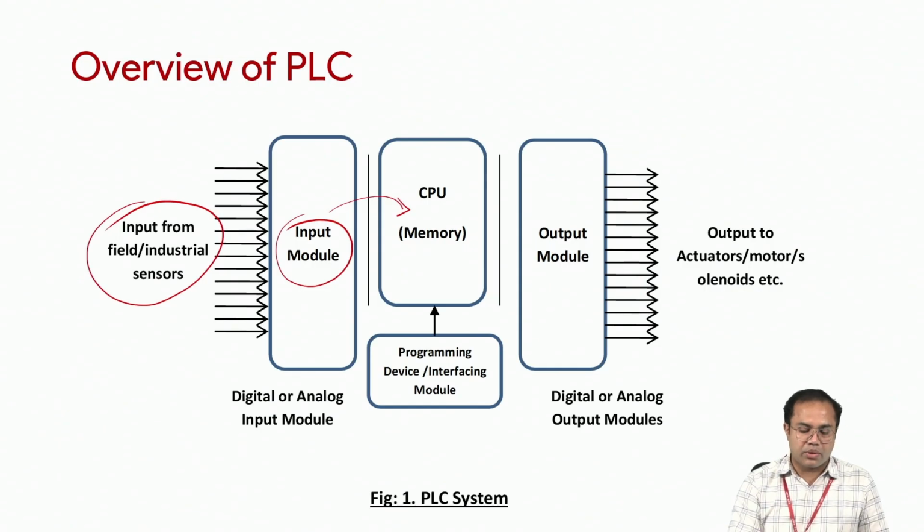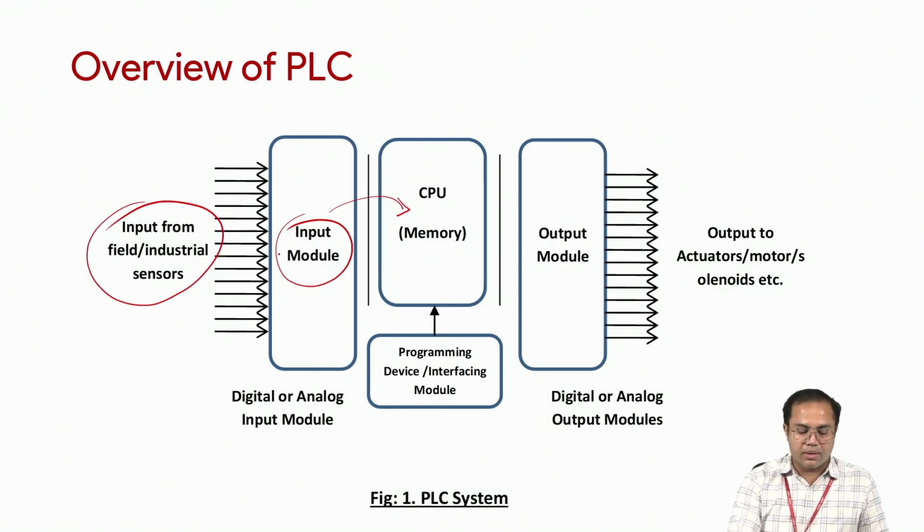The isolation will protect the CPU from the field devices, because the field devices may be exposed to a high voltage or noise, or it can be anything. So it should not affect the CPU or the operation. That's why we use this isolation protection from both sides, from the input module as well as from the output module. Now we can see the output module is also isolated.